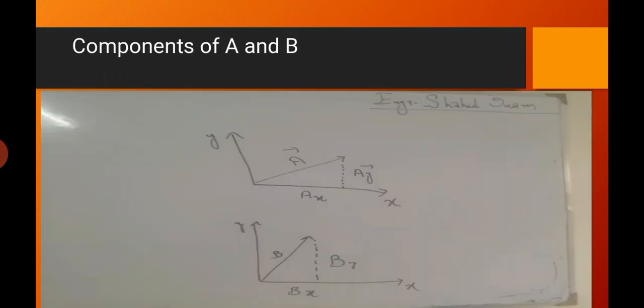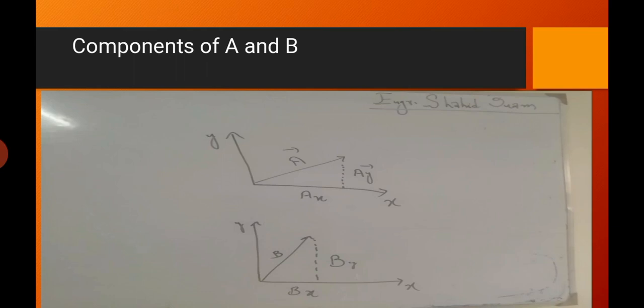Here the vector A will have two components, that is in two-dimensional space, x-axis and y-axis. This means the vector A projection on x-axis is ax and the vector A projection on y-axis will be ay, and I have drawn the ay in front of the y-axis, that is the dotted lines.